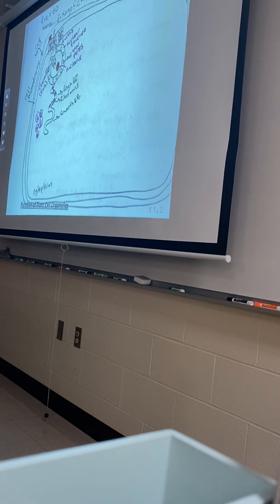All right. So we said the rough ER and the ribosomes make the proteins, and then the smooth ER, that's what makes fats and breaks down the toxins in our body.